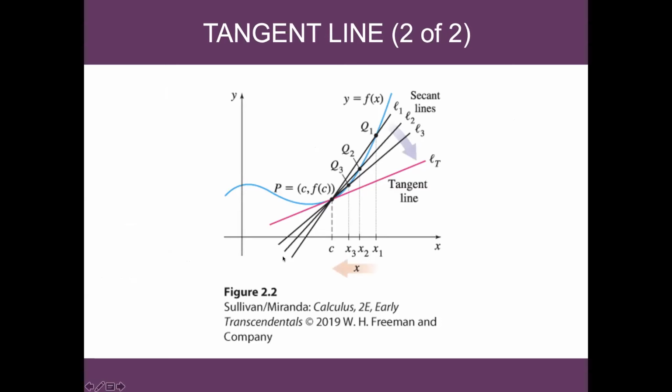The slope of this tangent line, the way they've typically determined it, is if you start off with x1 way out here and look at the slope of that line, and then start getting closer and closer to C, the slope of those lines is getting closer and closer to the tangent line until when you get to C, the limit as x approaches C is going to be the slope of that tangent line. Okay, you remember that from a past life moment there.